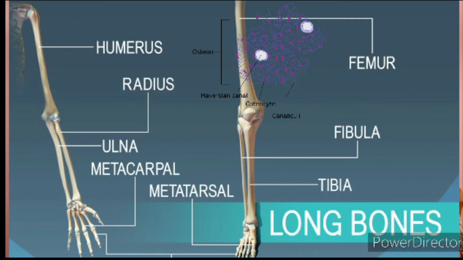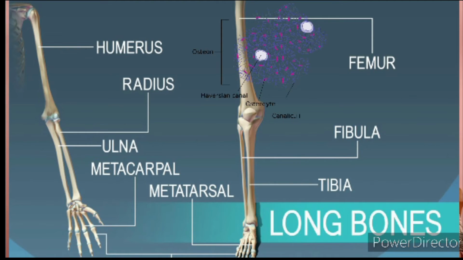These lamellae are embedded in a ground matrix, which is composed of collagen fibers and deposits of mineral salts like calcium and phosphorus. All these lamellae communicate with each other, forming a network of fine canals called the Haversian canal.